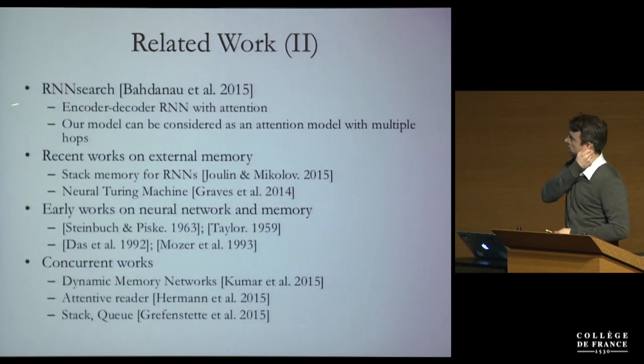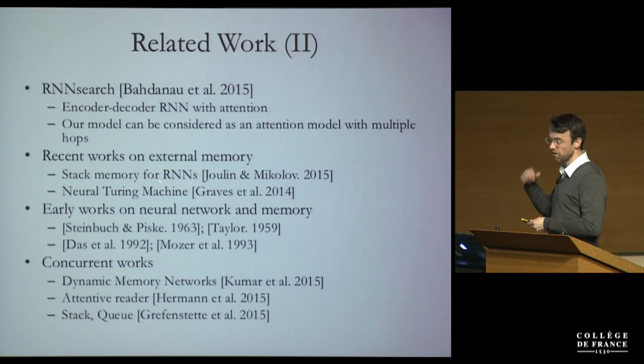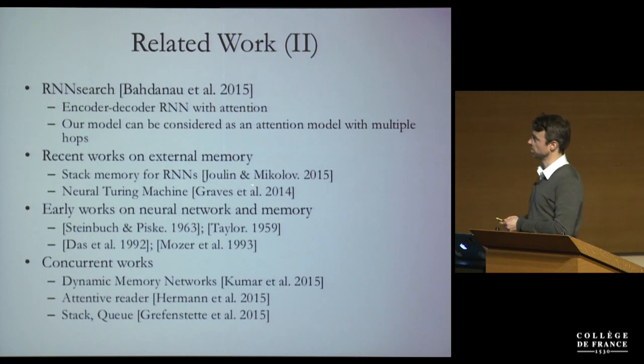And there's actually a bunch of related pieces of work I'll just quickly go through. There's the idea of a model that uses an encoder-decoder structure. So it's an RNN-based model, which does also have attention. And then, as I mentioned, there is the stack model I just described in RNNs. There's the neural Turing machine approach, which I'll describe in just a minute.